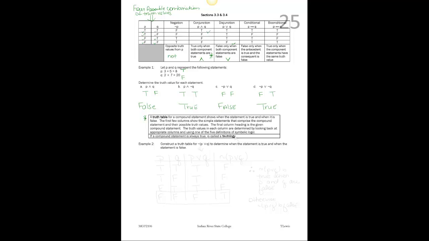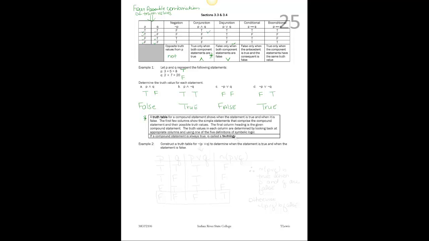The truth values in each column are determined by looking back at the appropriate columns and using one of the 5 definitions of symbolic logic. We will be coming back to conditional and biconditional, but we're not going to talk about that now. In Section 3.3, our focus is on negation, conjunction, and disjunction.